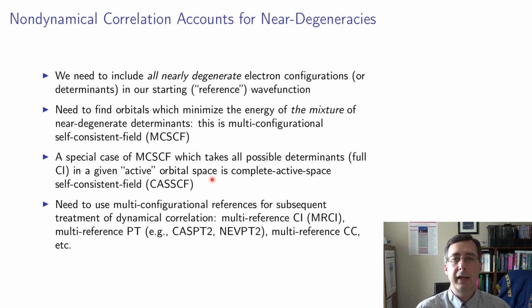So to account for the dynamical correlation as well, I could do some multi-reference CI, multi-reference perturbation theory that could look like CASPT2 or NEVPT2, or multi-reference coupled cluster. There's a whole series of methods that I won't really explain in detail, but I'll just mention that these are all various ways to get both the non-dynamical and dynamical correlation, and they tend to be computationally expensive.